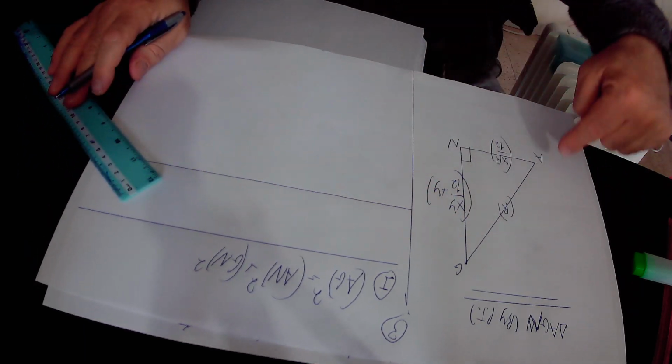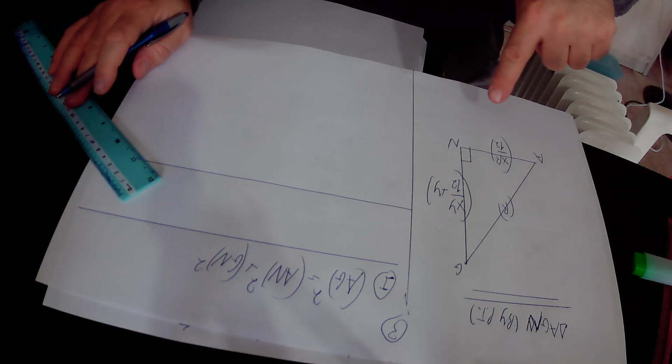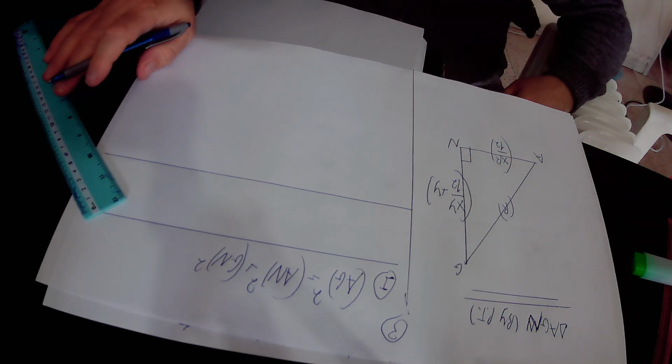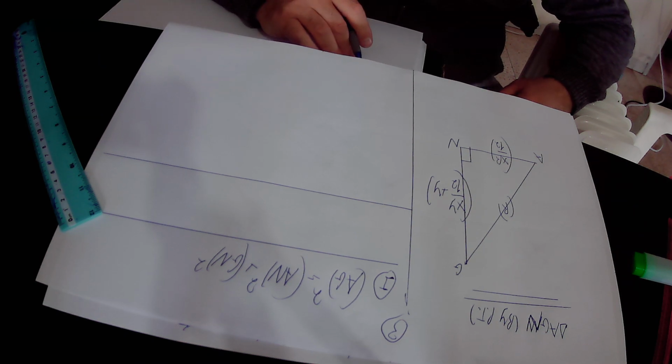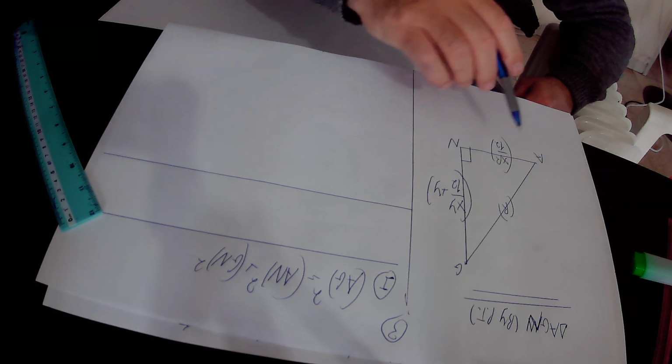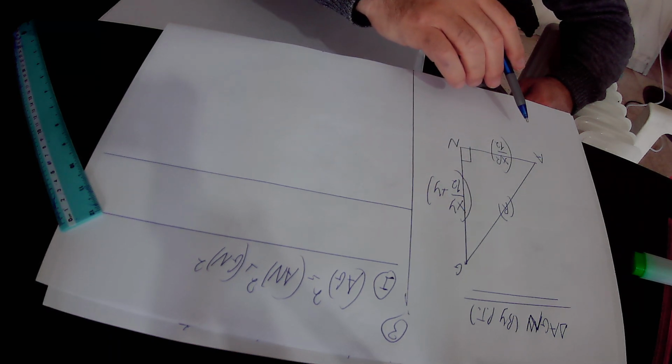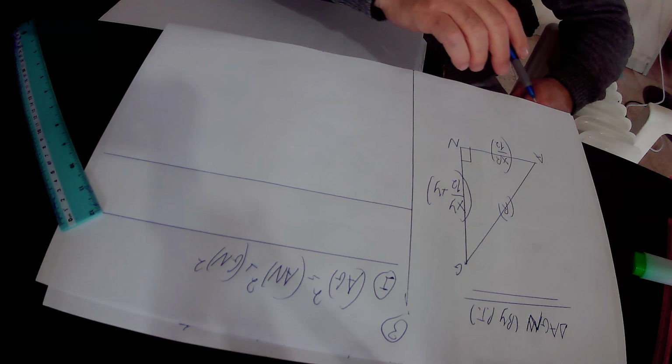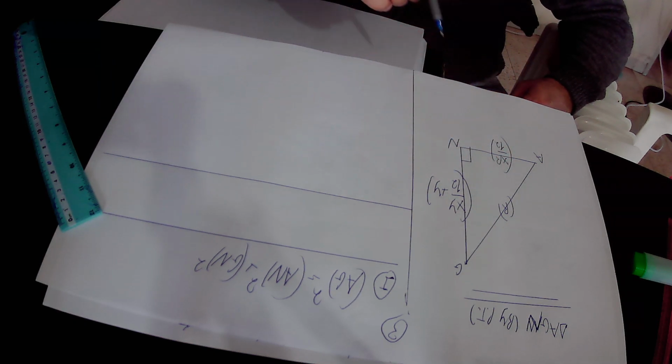Again, in the right triangle AGN, AG square equals AN square plus GN square. The square of the hypotenuse equals the sum of the squares of the perpendicular sides. The hypotenuse is AG, therefore the square of the hypotenuse is AG square, and it equals AN square plus GN square.